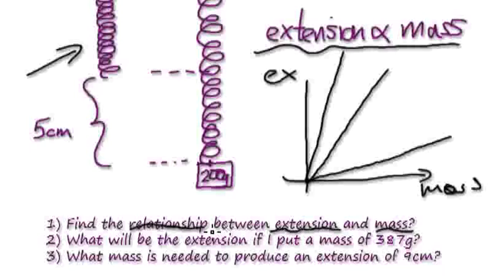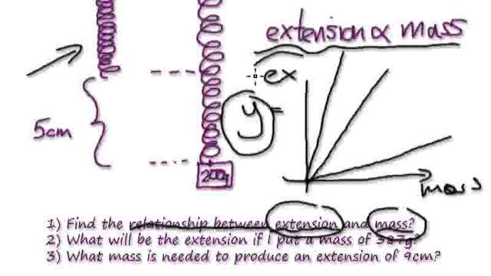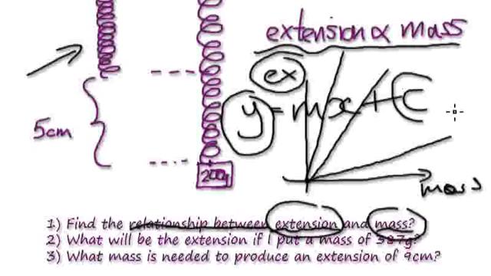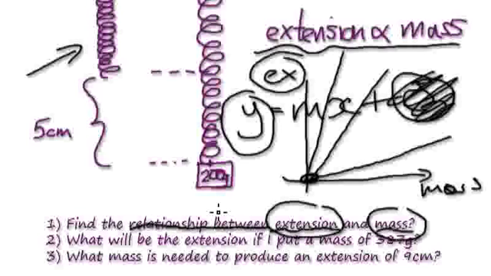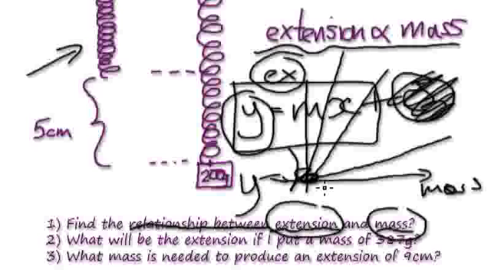When you're asked to find the relationship between extension and mass, what I'm asking is pretty much to find the equation that connects to y, which in this case is the extension. It's going to be mx plus c. C here will be 0, so we can forget about the c. It's a matter of finding the equation, y equals mx or y equals kx.